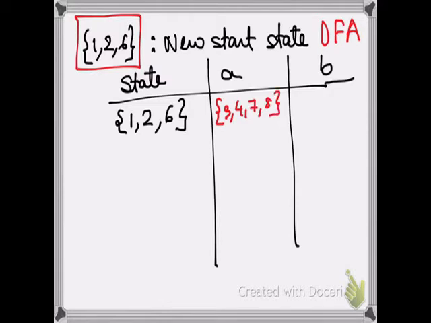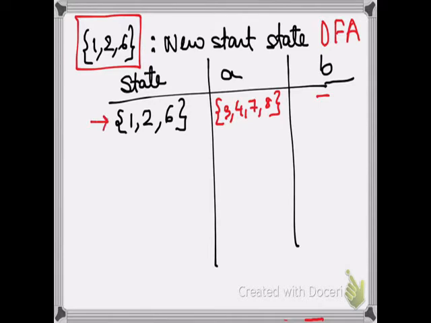So 1 to 6 on A will transition to 3, 4, 7, 8. And on B, the 1 to 6 on B goes to nothing. That means there is no transition on B on the states 1, 2 and 6. So we don't have to take the epsilon closure of that. So it is empty.